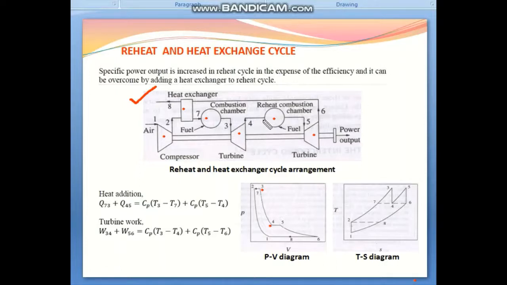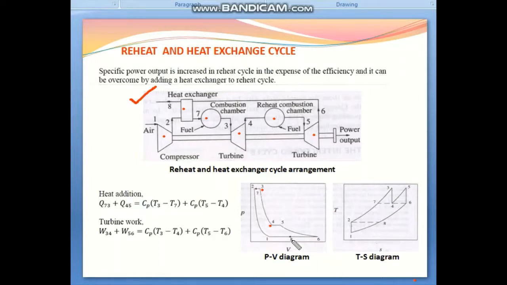That is 4 to 5, and the temperature increases again. Then it flows to the turbine again, that is 5 to 6. This is the second stage of expansion. And 6 to 8.